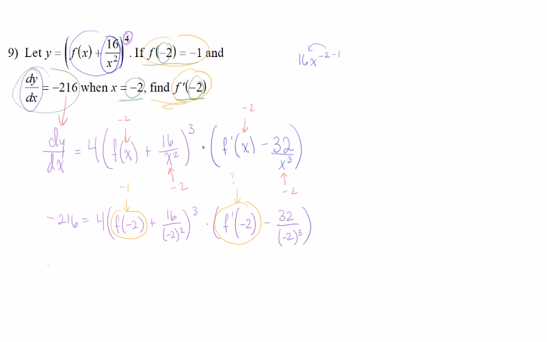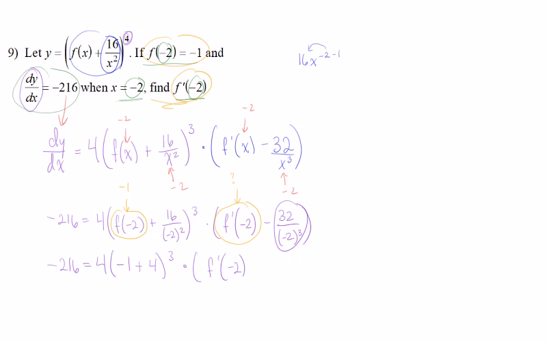So I'm going to simplify around that and then try to get this by itself. The -216 on the left, that's fine the way it is. Then I'll plug in this -1 here. So here I can simplify 16 over -2 squared. -2 squared is 4, so 16 over 4 is 4. F prime at -2, I don't know what that is. That's what we're trying to find, so I'm just going to leave that as it is.